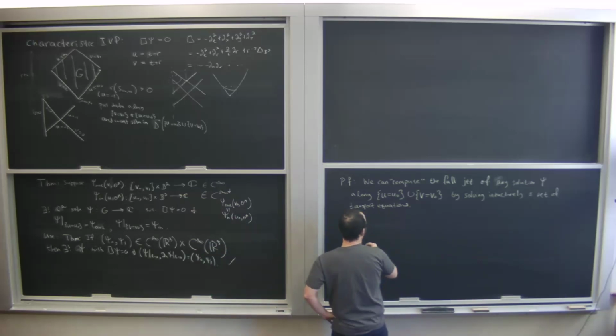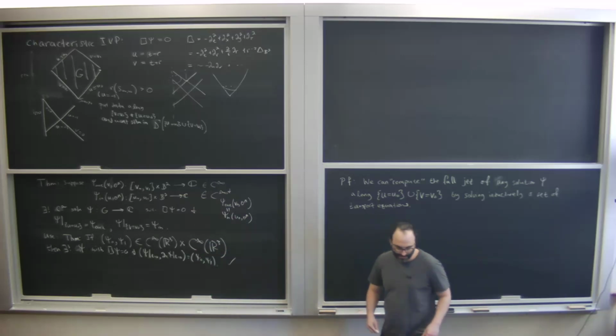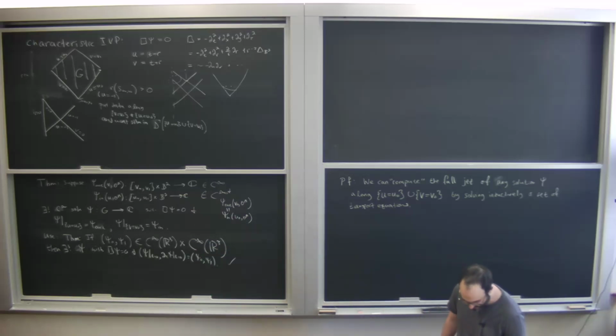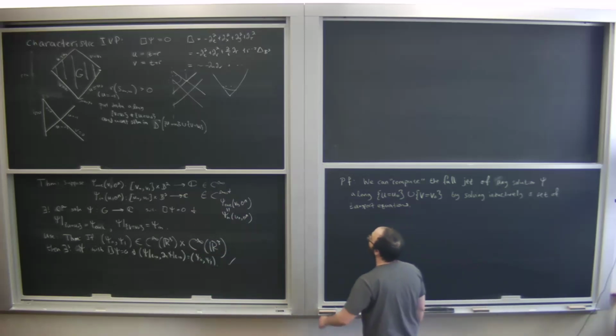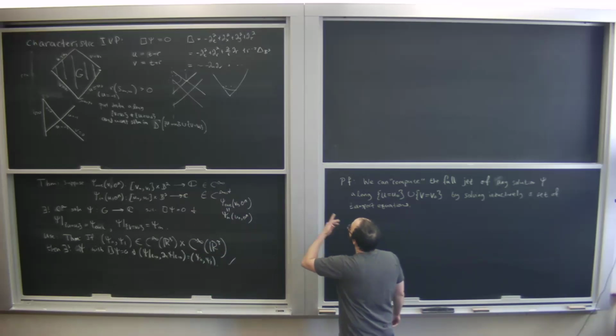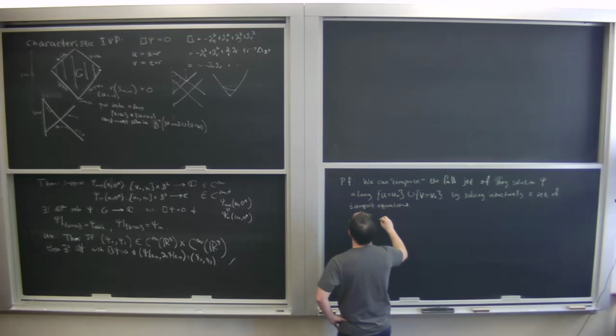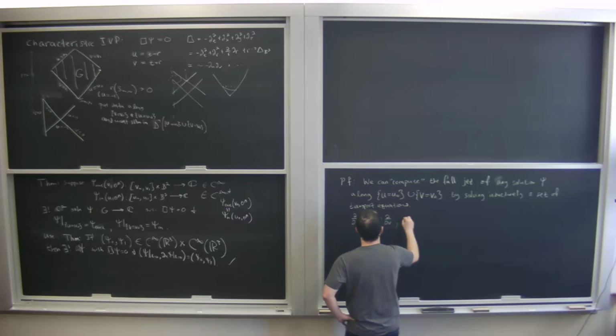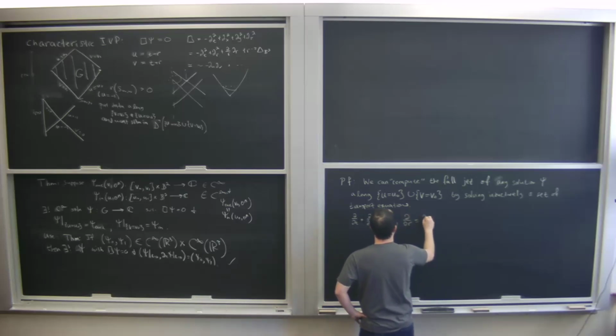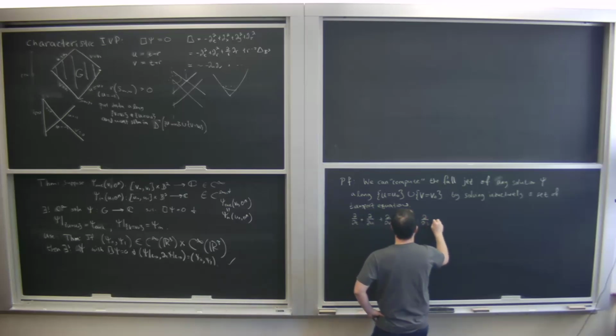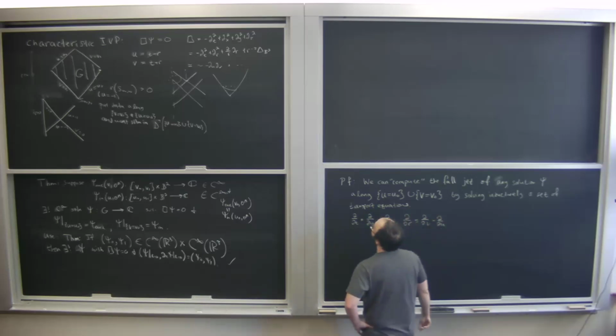The idea is to write our equation, so let's get our factors right. Remember we have d by dt equals d by du plus d by dv, and d by dr is d by dv minus d by du.